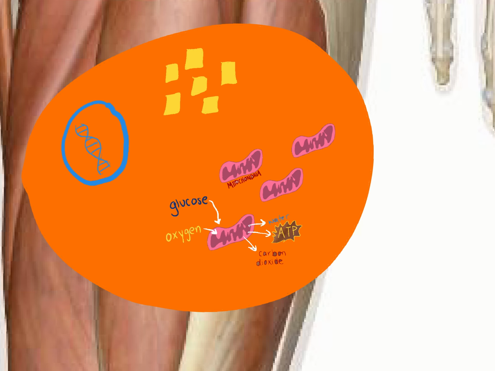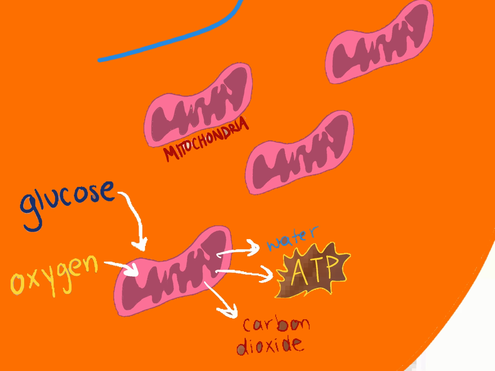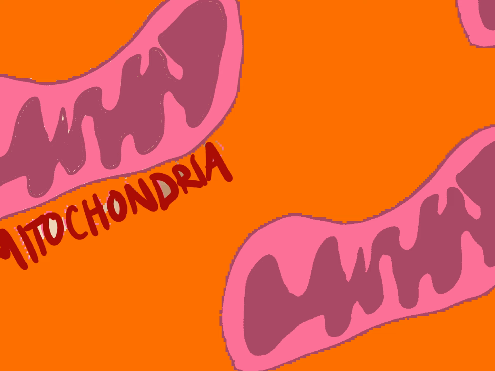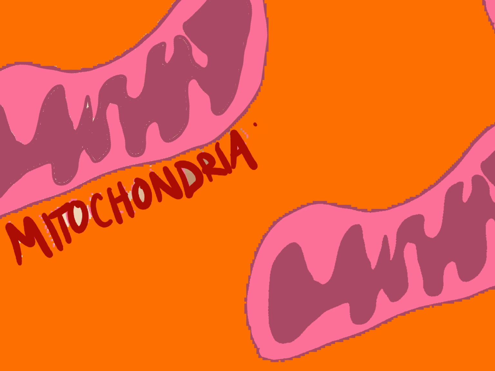We have our nucleus right there, and some other organelles here. And then we have our mitochondria. Our mitochondria are the organelle where cellular respiration happens. Let me write that right here: where cellular respiration occurs.